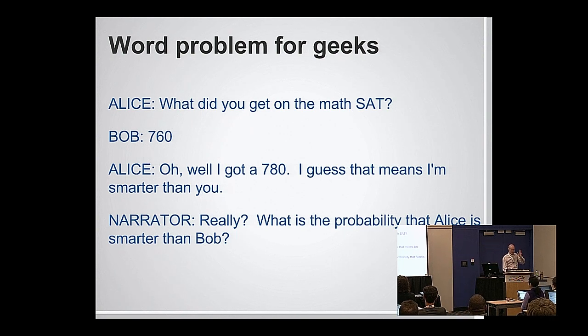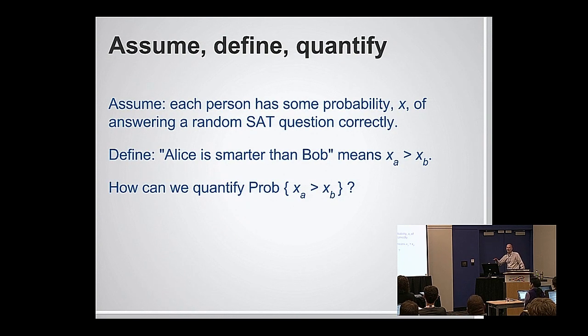And there are two parts of this. One part is let's just be careful about what we mean when we say smarter. I don't want to get into a debate about that. Let's just say for our purposes, every person has some probability of getting a randomly chosen SAT question right. So if I just reach into the bin and choose a random question, you each have, maybe you have a 90% chance of getting it right, and you came in late, you didn't have things set up ahead of time, so I'm going to say you have like a 40% chance of getting it right.